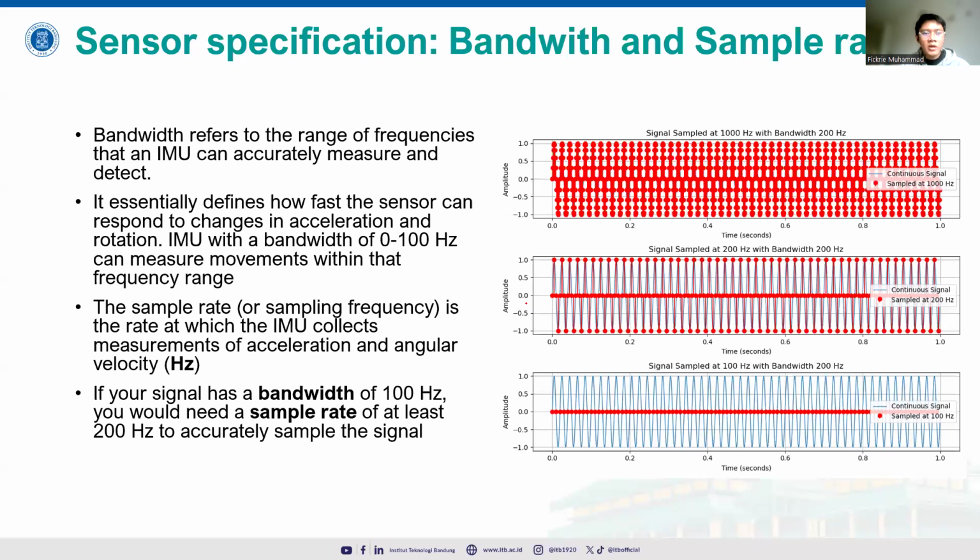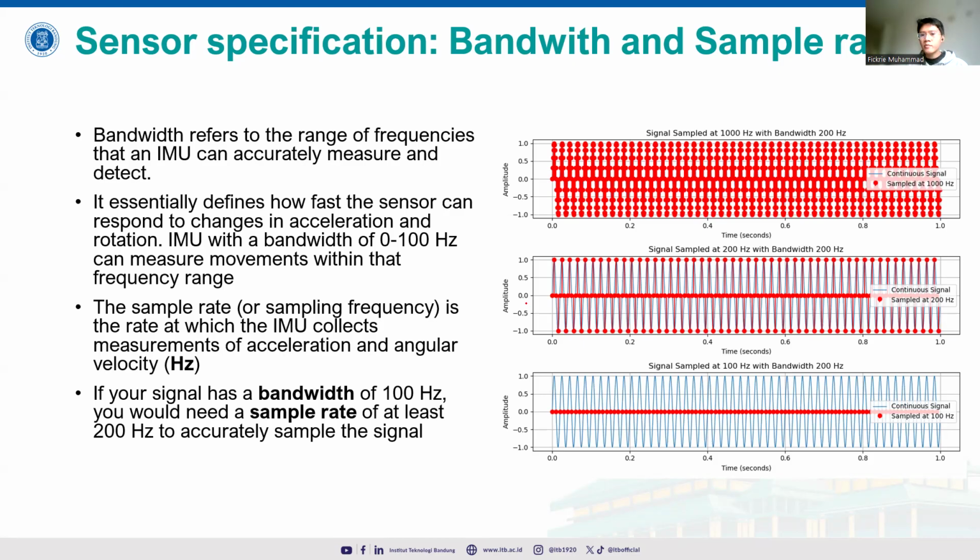So basically, the bandwidth defines how fast the sensor can respond to changes, like when it vibrates with really fast vibrations, for example earthquakes, seismics, or any industrial-grade application that requires really rapid vibrations to be detected.